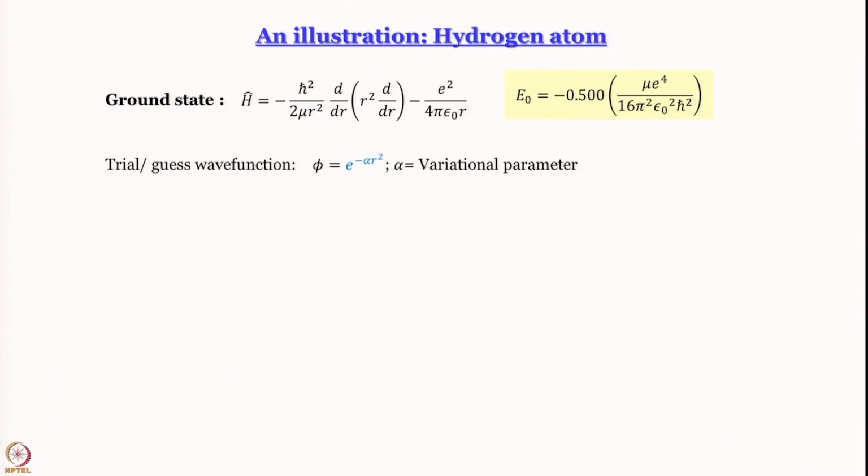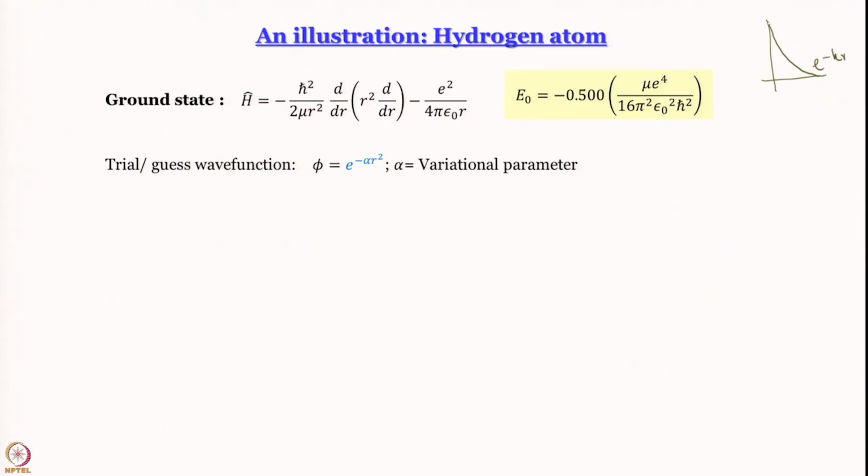What I am saying is, an exponential decay is something like this. This is, let us say, an exponential decay, something like e to the power minus kr.